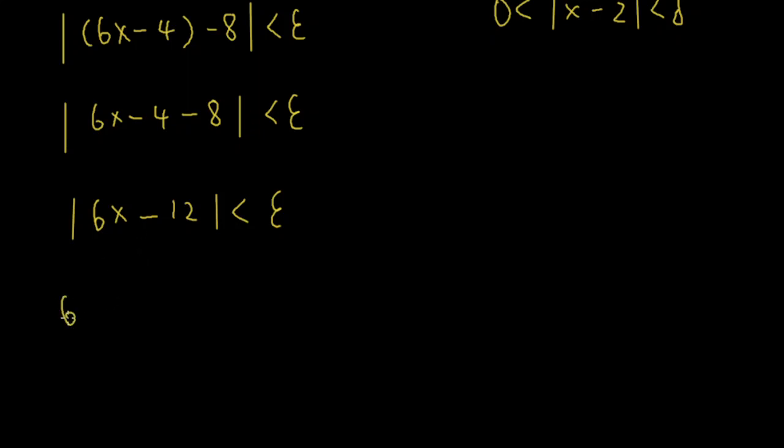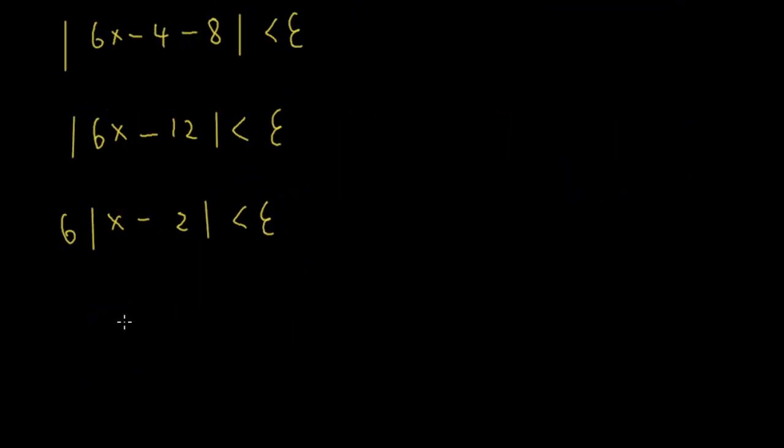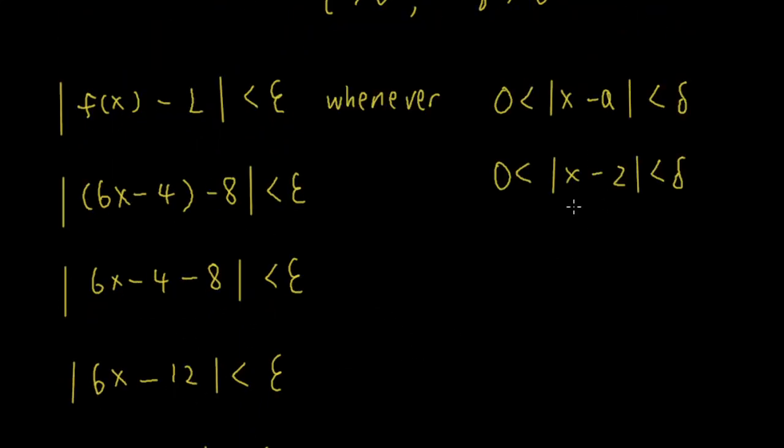We have 6 times the absolute value of x minus 2 is less than epsilon. Now notice that we have the absolute value of x minus 2 here, and we have the absolute value of x minus 2 there. So we divide both sides by 6. We have the absolute value of x minus 2 is less than epsilon divided by 6.